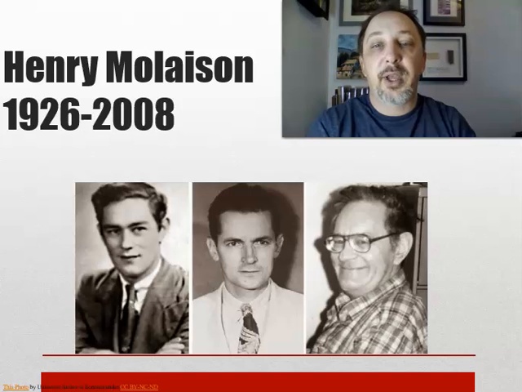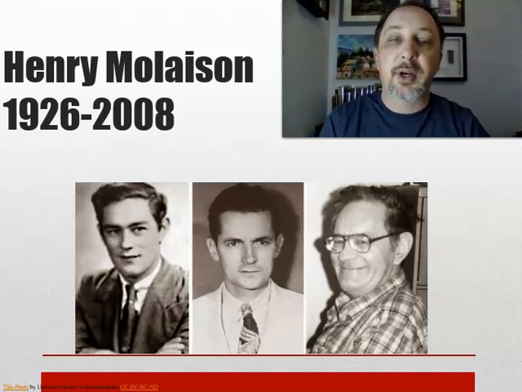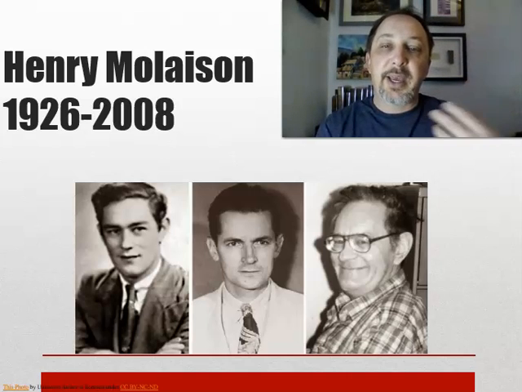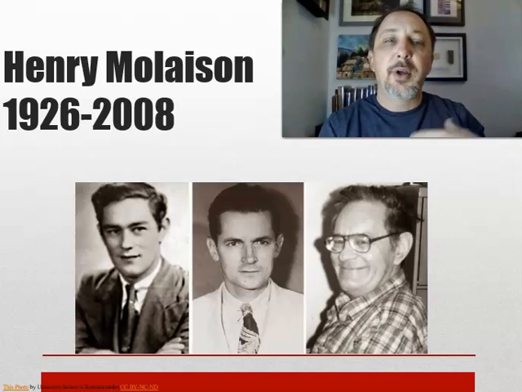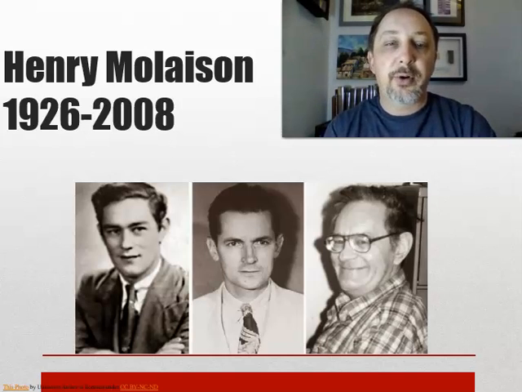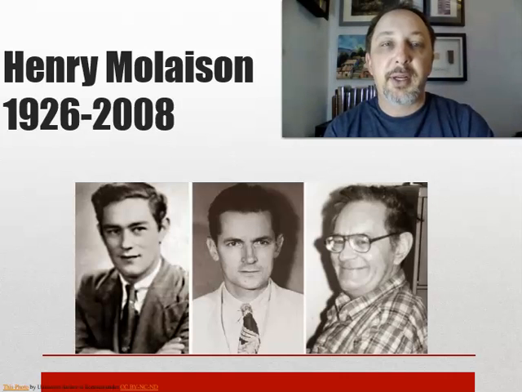So here is Henry Molaison, and this is how things changed for him over time. As he aged, he had no memory for age. He had surgery in 1953, so he was still a young man, in order to deal with debilitating seizures. He had epilepsy that was so bad he couldn't function.